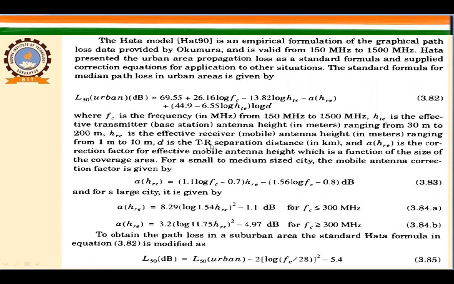L50 urban, which has the unit dB, is equal to 69.55 plus 26.16 log of fc, the carrier frequency, minus 13.82 log of hte, the transmitter antenna effective height factor, minus a of hre, plus (44.9 minus 6.55 log hte) times log of d.